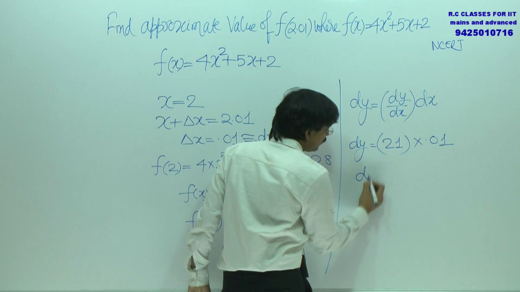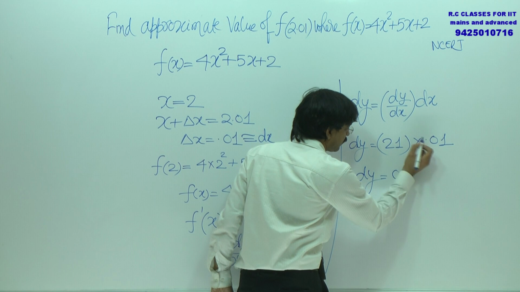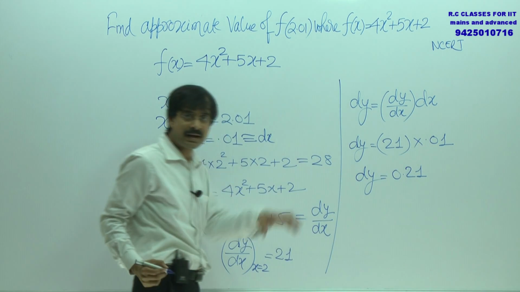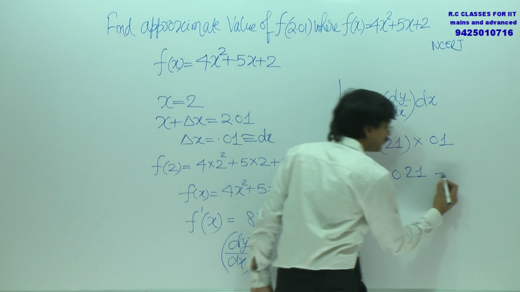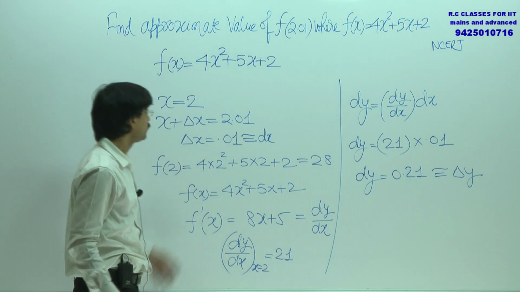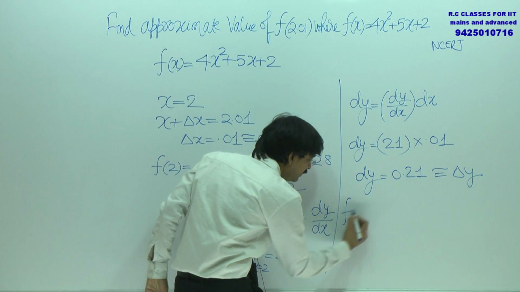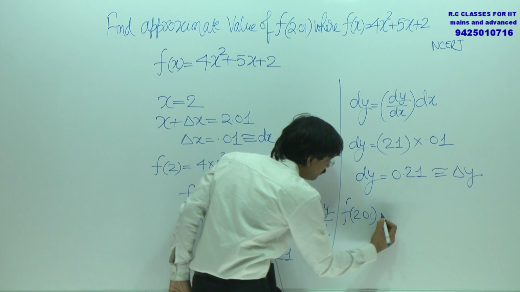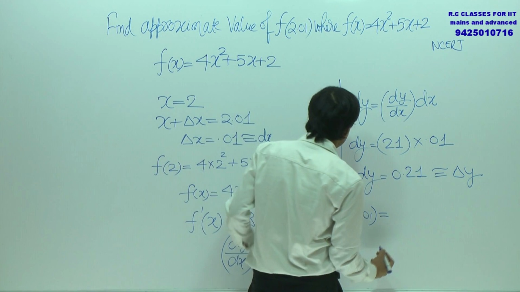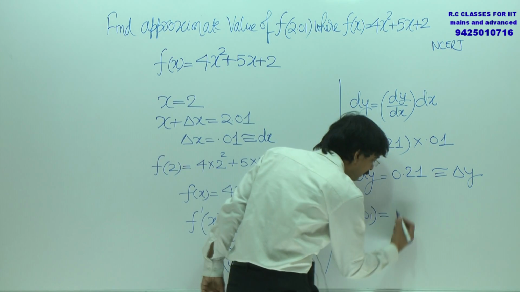So that dy is 0.21, and that dy is nothing but equivalent to delta y also. So to calculate f of 2.01, if it is required, which we have to find out, f of 2.01 is going to be y plus delta y.